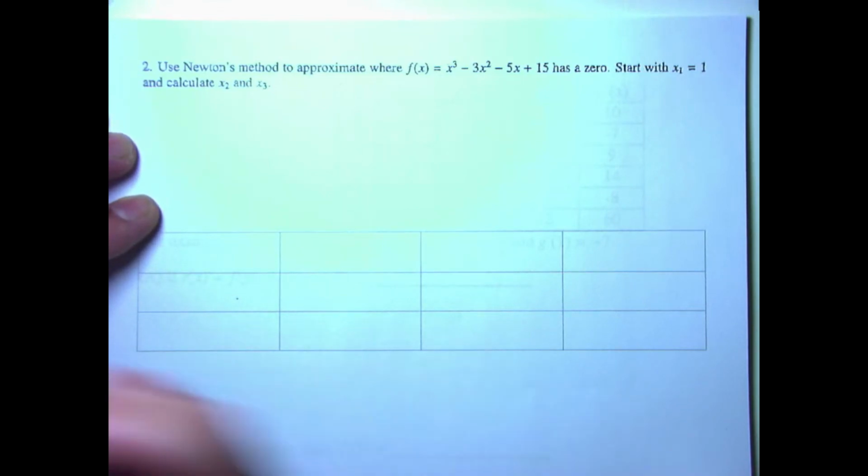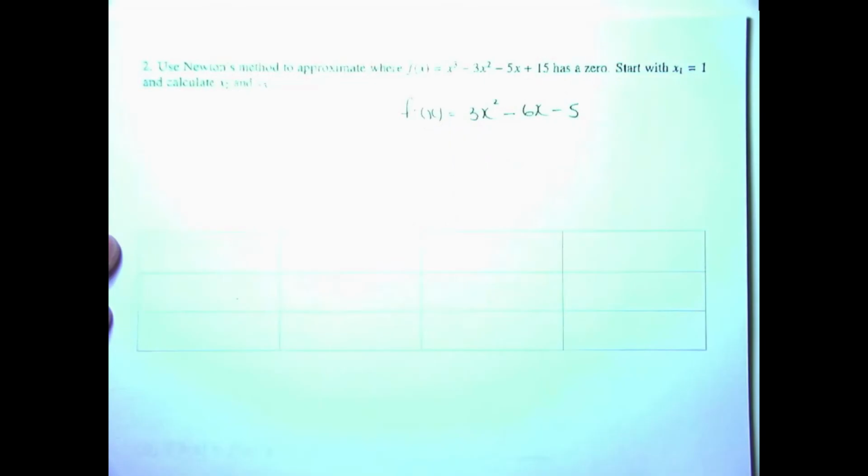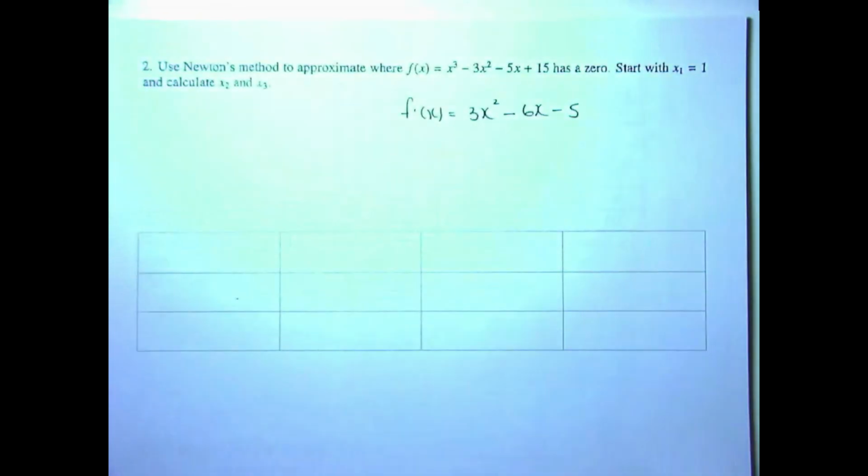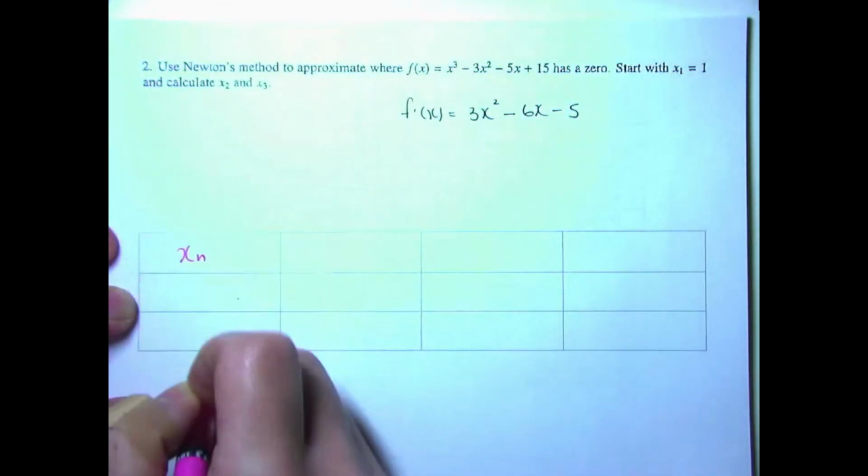All right, so we can go ahead and just simply find f prime of x here. So f prime of x is equal to 3x squared minus 6x minus 5. I'm going to call this my x sub n.